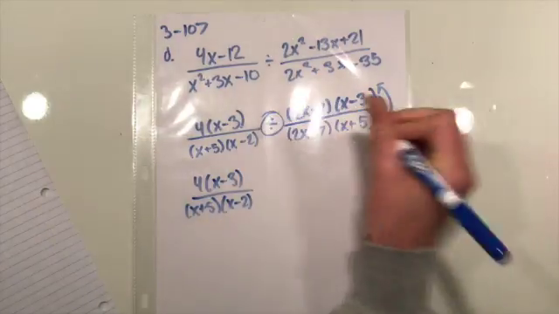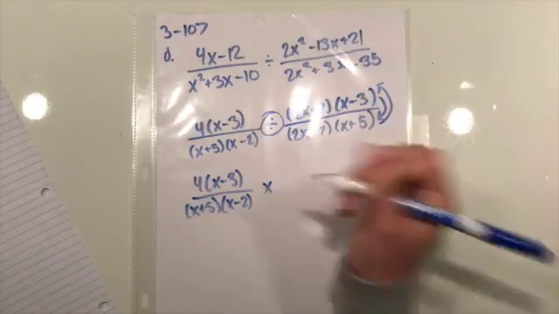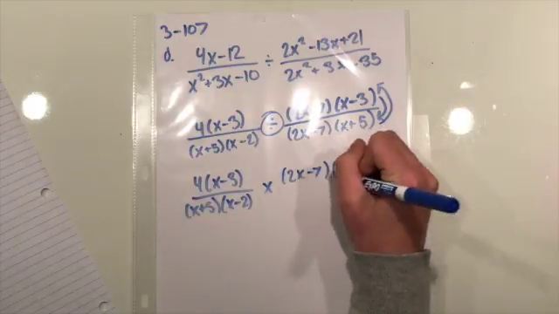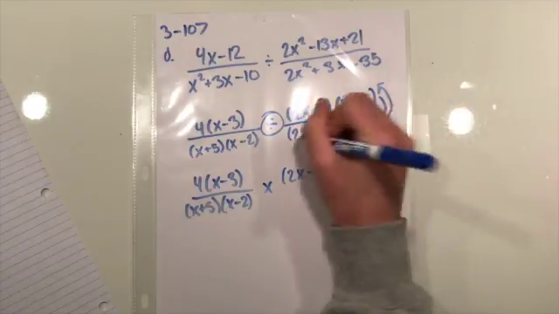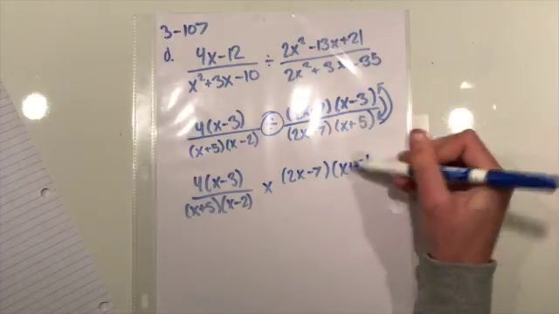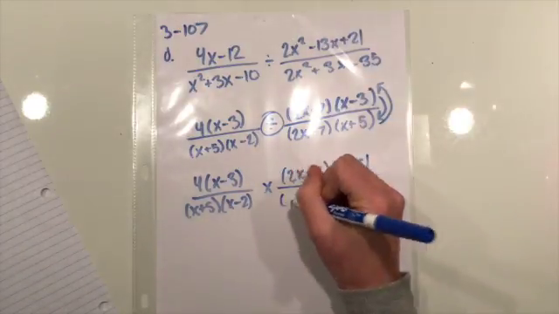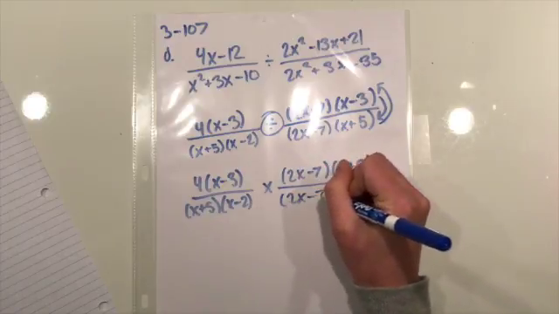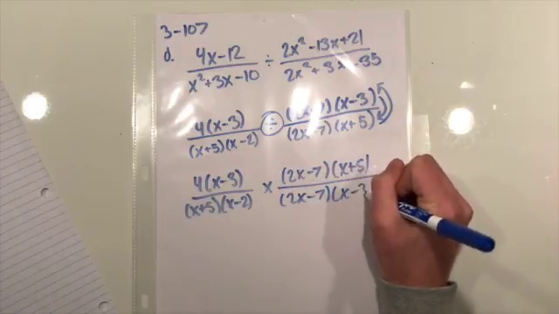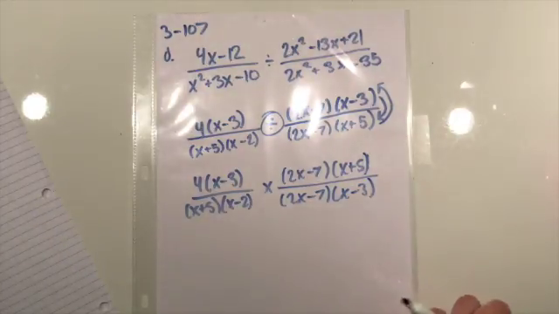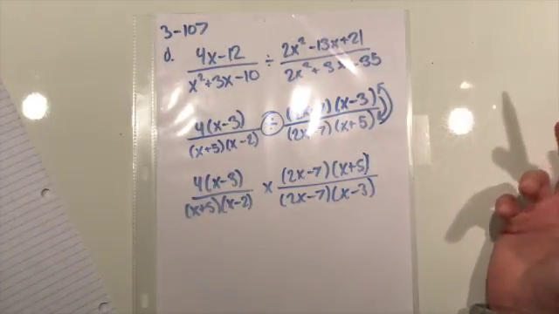Now it's multiplied by (2x minus 7)(x plus 5) over (2x minus 7)(x minus 3). Now we can simplify as we did in the problem before.